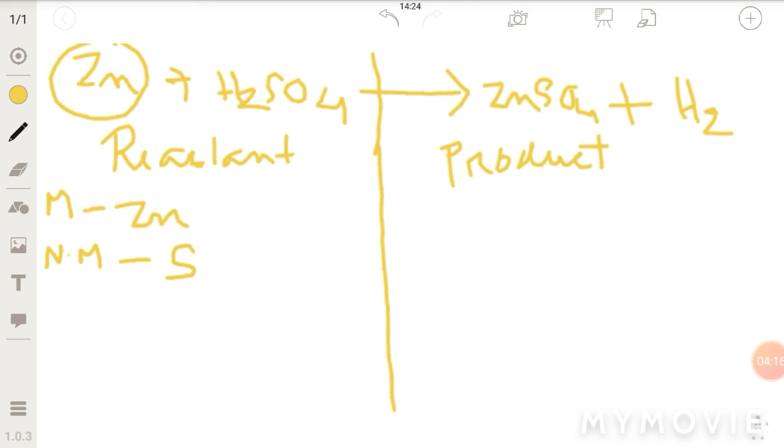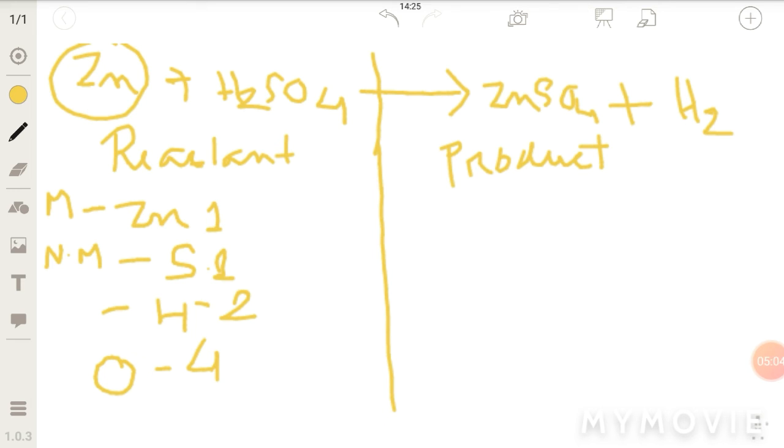After that you should identify the hydrogen gas. Then at last you should identify the oxygen. Here zinc has a value 1, you write 1, and sulfur has only 1, so you write 1. Here hydrogen has 2 and oxygen has 4.